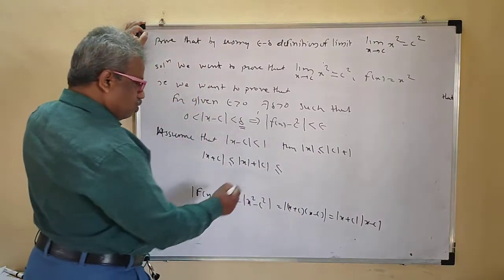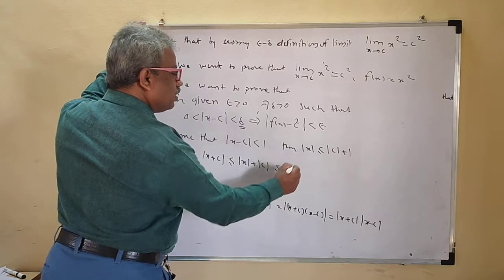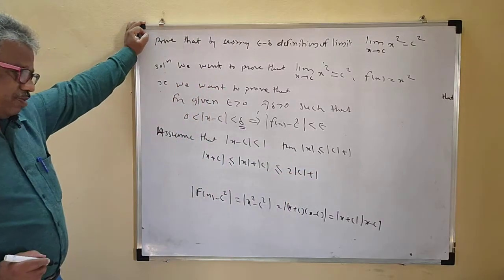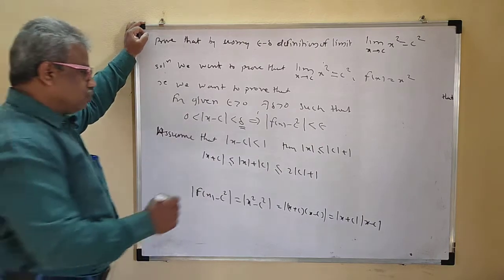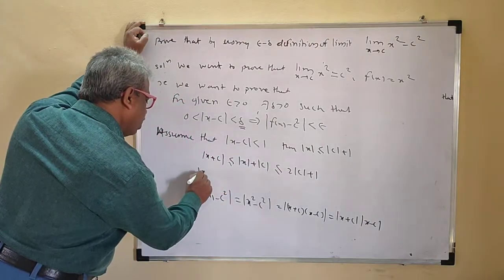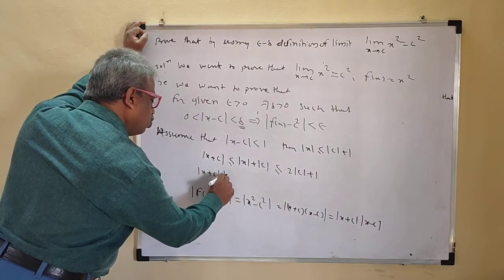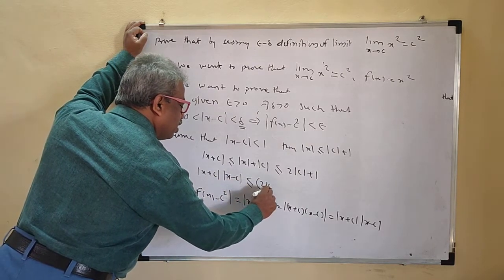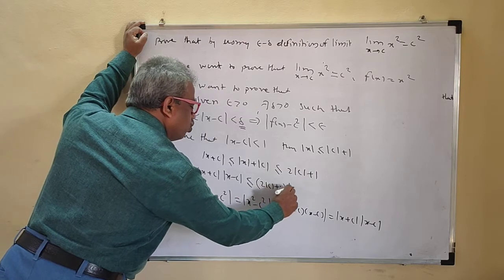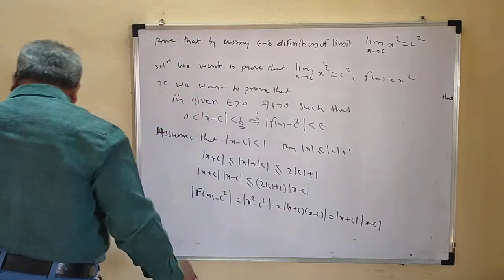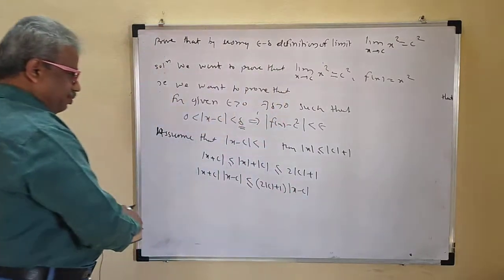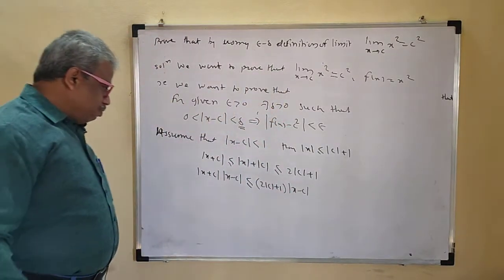So mod of x plus c is less than or equal to 2 mod of c plus 1. Therefore mod of x plus c into mod of x minus c is less than or equal to, we write a bracket, 2 mod of c plus 1 into mod of x minus c. We have just multiplied this.